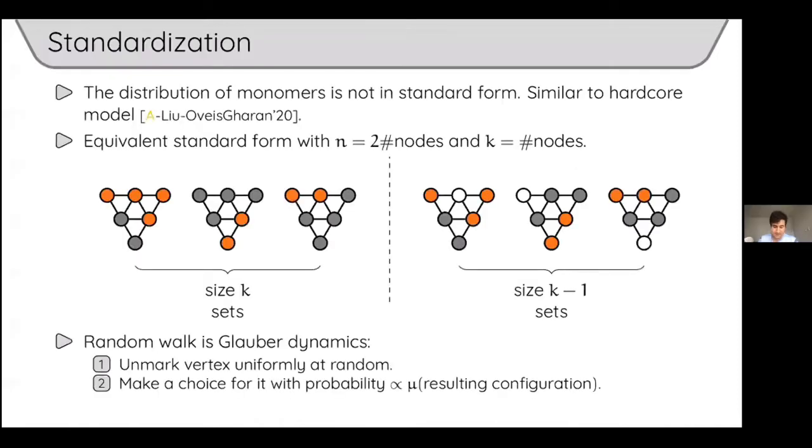Just to be clear, once you fix the set of monomers, let's say you fix the monomers to be these two vertices, the weight of this monomer set would be the number of perfect matchings on the complement. Because the complement is still a planar graph, you can use Kasteleyn's algorithm to count the number of perfect matchings in that part. That would be the weight of this monomer set.